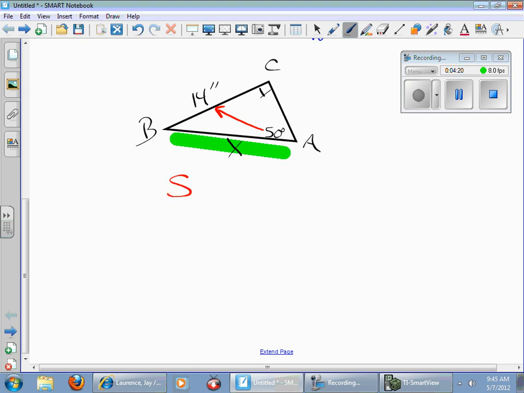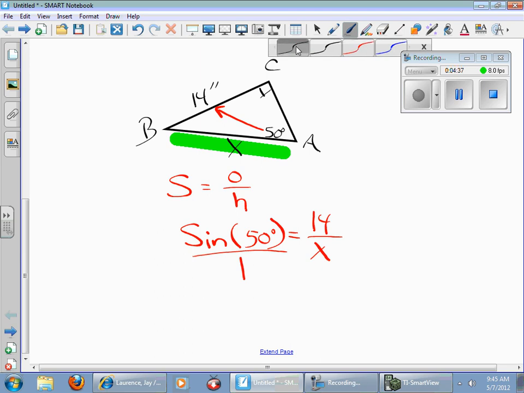Well, sine uses the opposite side over the hypotenuse. So I'm going to take the sine of 50 degrees, and I'm going to put that 14 over X. And I'm going to cross multiply, and I'm going to get X times the sine of 50, and that's going to equal 14.